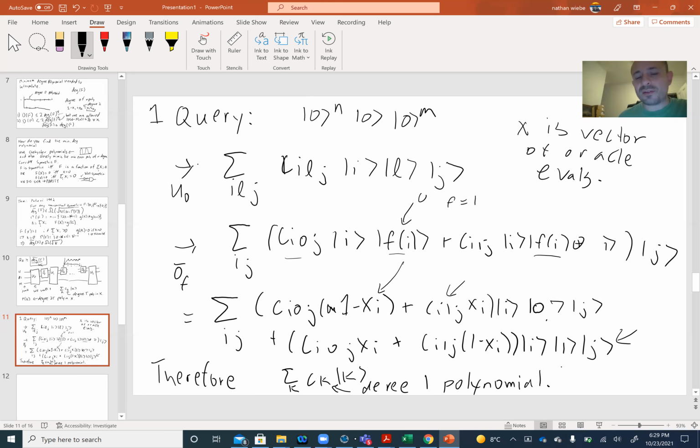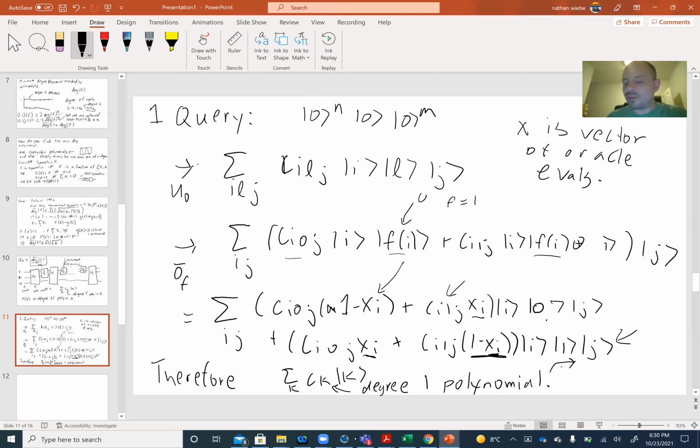The reason why it's degree 1 is because all of these terms that we're multiplying the constants by, the c_i0j's, are all themselves polynomials. Okay, cool. So once we've got this, it's straightforward to create an inductive argument.